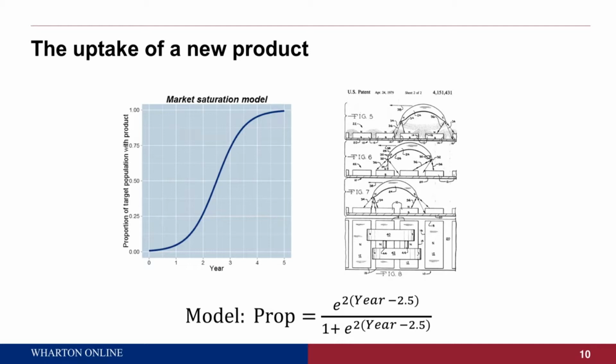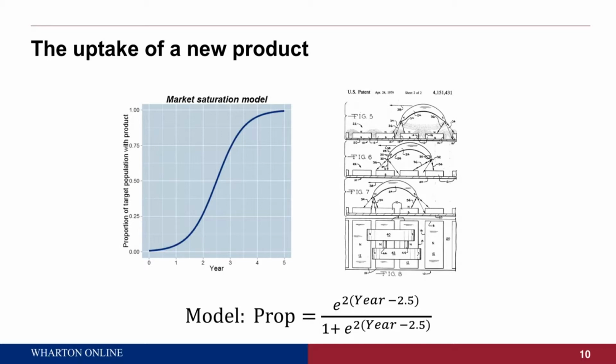This particular function that we're looking at here is termed a logistic function, and it has the potential to map a process where at the initial stages there's a slow start, that would be the early adopters picking up the product, then there's a rapid take-up of the product as more and more people get to know about it. And then at some point you can't have a proportion greater than 1. So the proportion of the market that has actually purchased the product has to start to tail off, cannot go above 1.